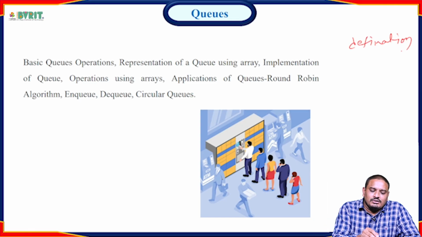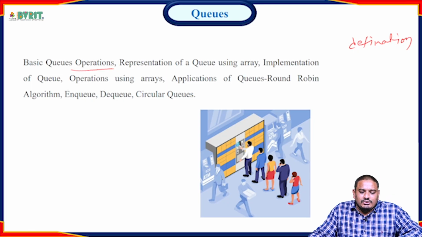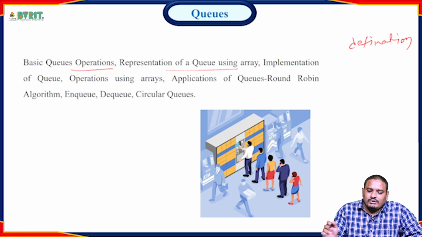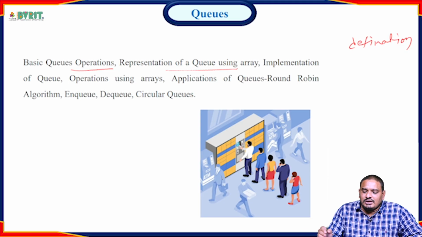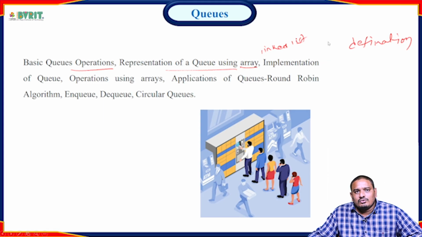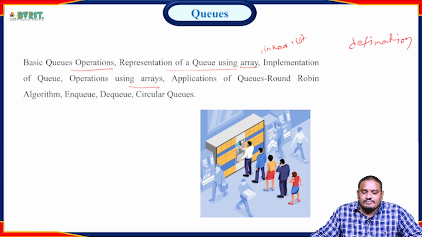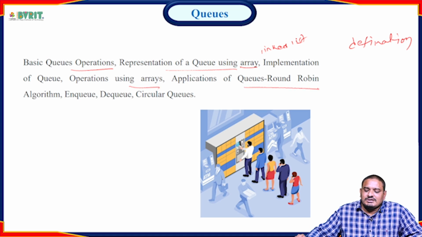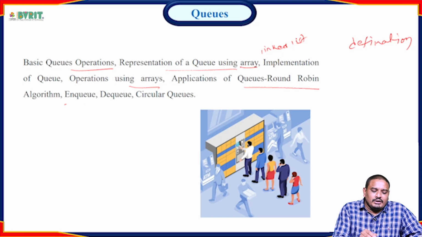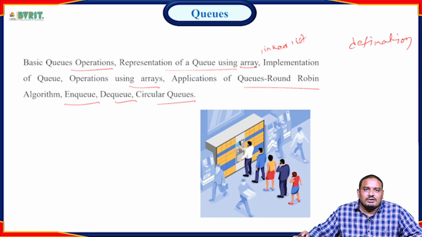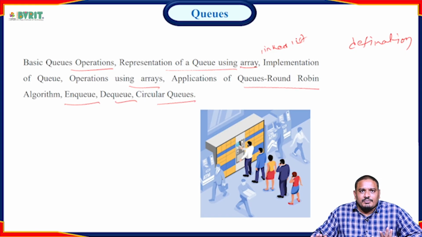Next, the operations under the queue and how to represent queues by using arrays and also linked lists. Then how to implement the queues and operations on arrays, and the applications of the queue: NQ, DQ and circular queue. These are the subtopics under the queues concept.